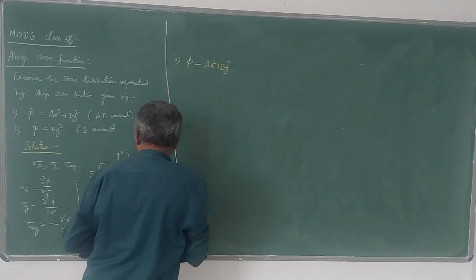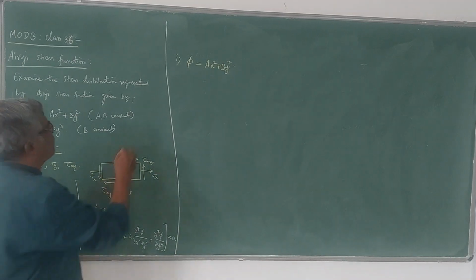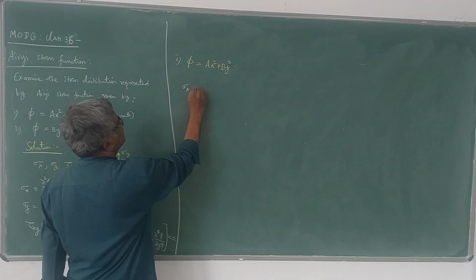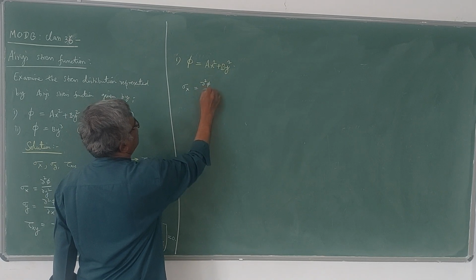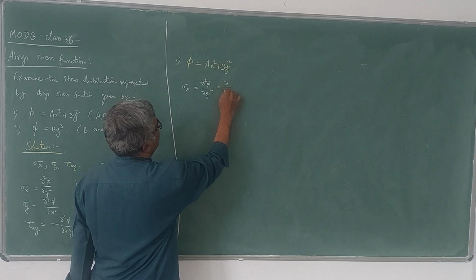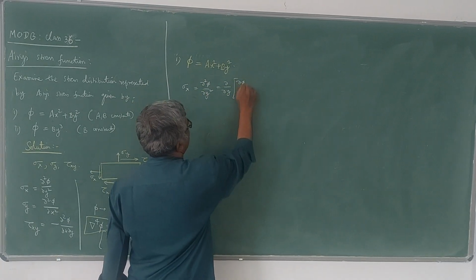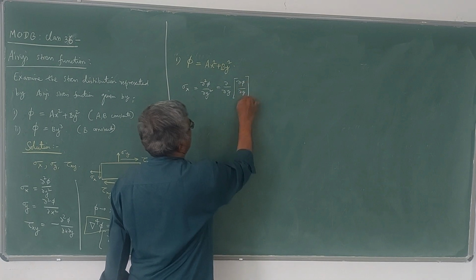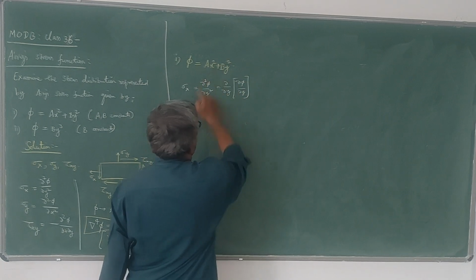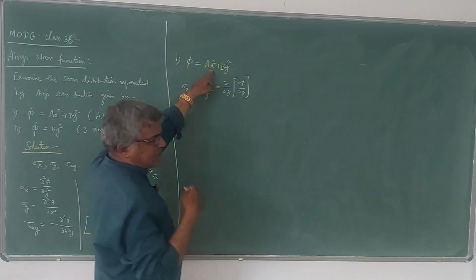Let me find out this sigma x, sigma y, tau xy using this definition. So sigma x is dou square phi by dou y square. So this is nothing but dou by dou y of dou phi by dou y. I can write like this. So if you differentiate this with respect to y, you are treating x as constant.